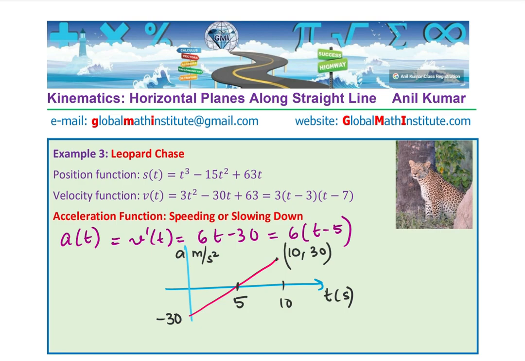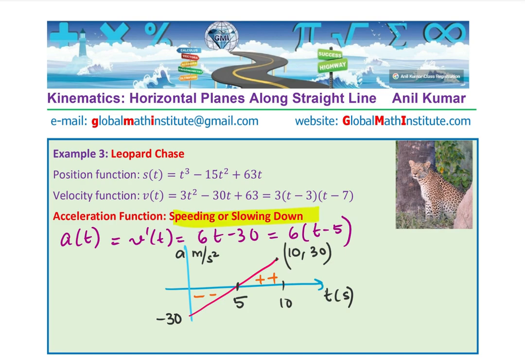Now the important thing here is that the acceleration is negative from 0 to 5 and then positive after that. Now from this function of acceleration, we can actually figure out a very important criteria, and that is speeding and slowing down.